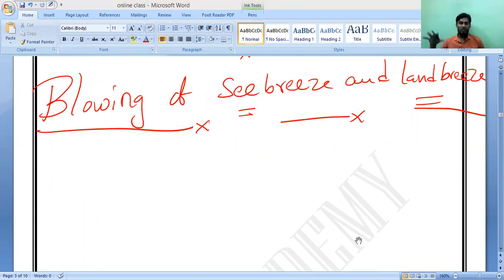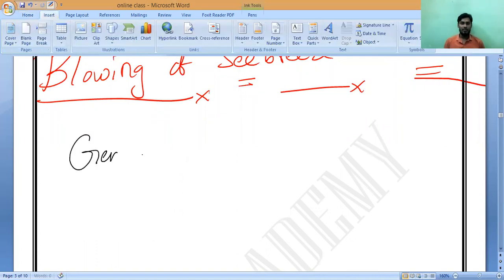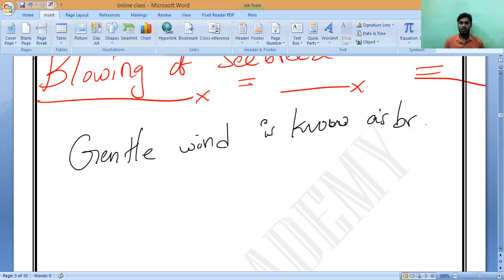A normal, gentle wind is called a breeze. That is what you should note down: breeze, a gentle wind. Which is blowing from the sea is called sea breeze, and which is blowing from land is called land breeze. Gentle wind is known as breeze.